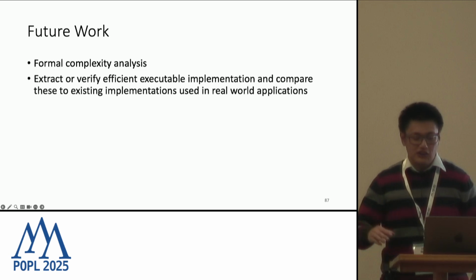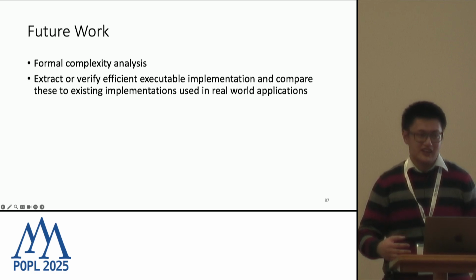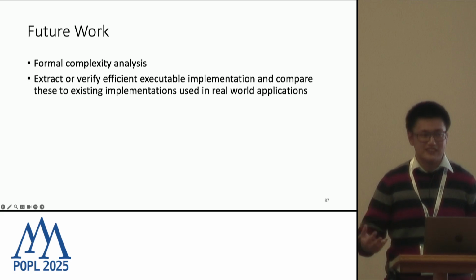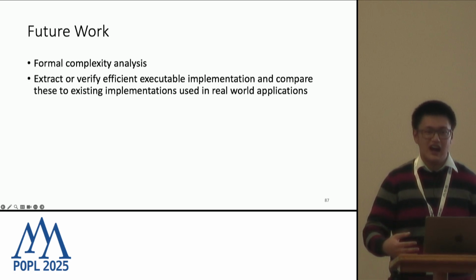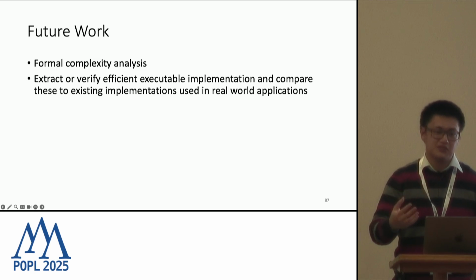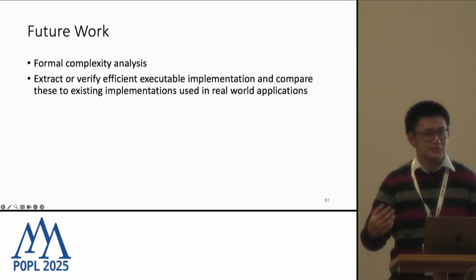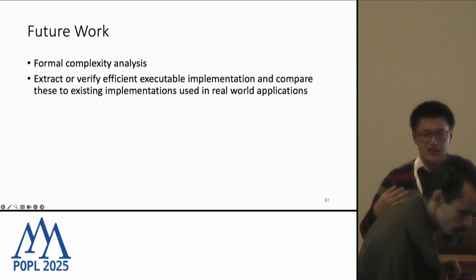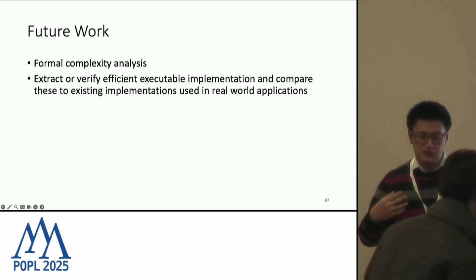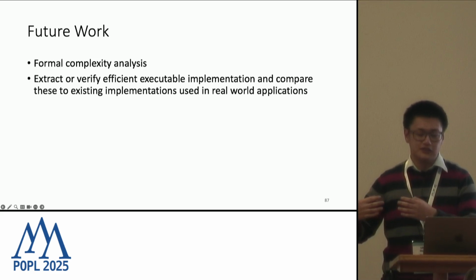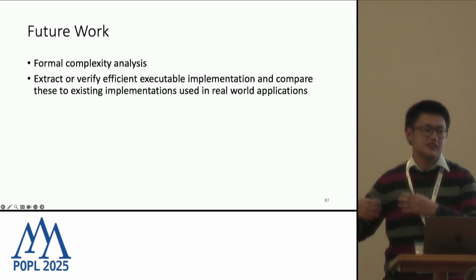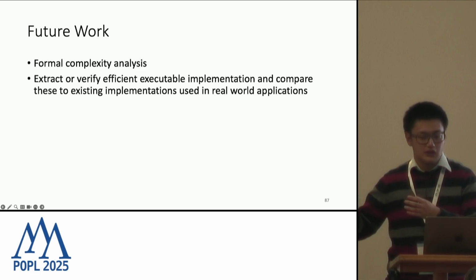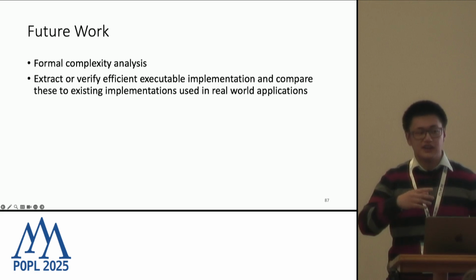The other thing is that all these are implemented in Isabelle itself. And so if we want to actually have an implementation that is efficient, we want to either extract it to something like LLVM or even more efficient sort of SML or something like that, or even potentially even better is to do an implementation itself in, say, C or something, and then to verify that it is correct with respect to what we've proven here.